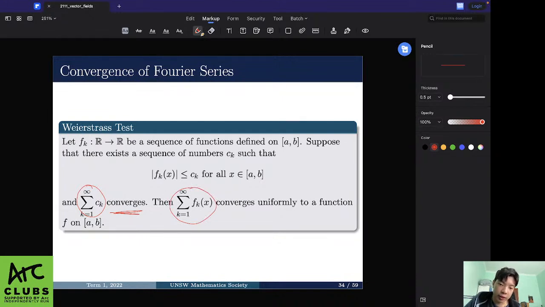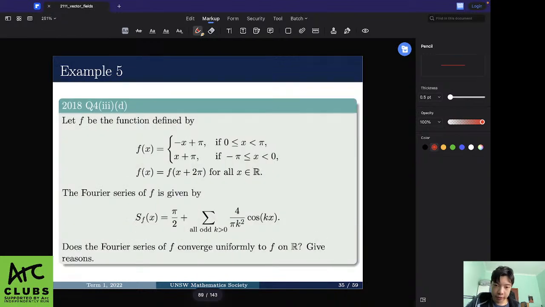That shows us that if this larger series is convergent, then this smaller series must also be convergent. So we have a question right here from 2018. It gives us a Fourier series, and we just have to see, does it converge uniformly?